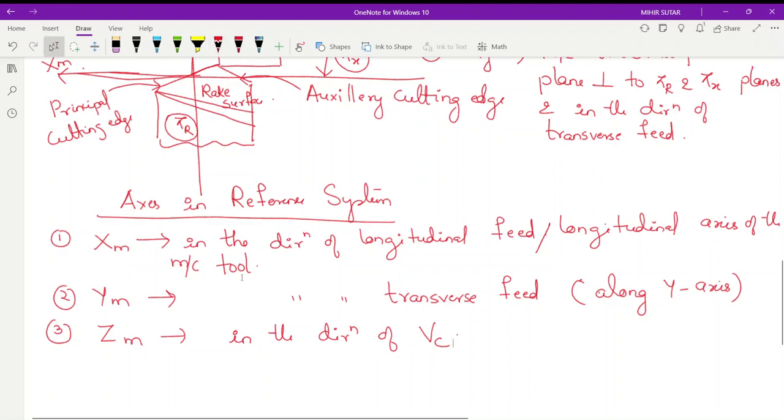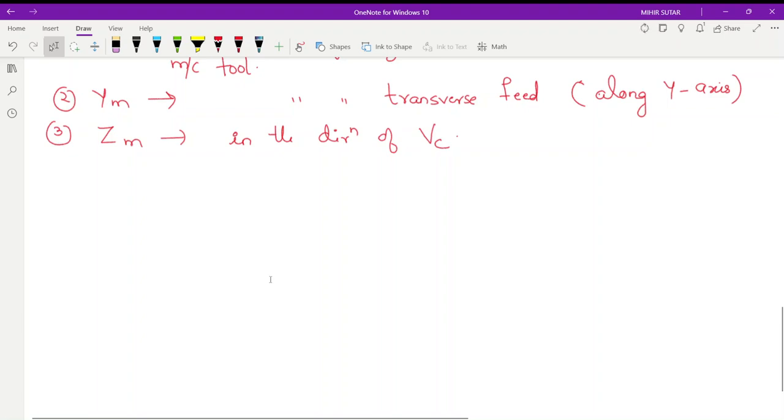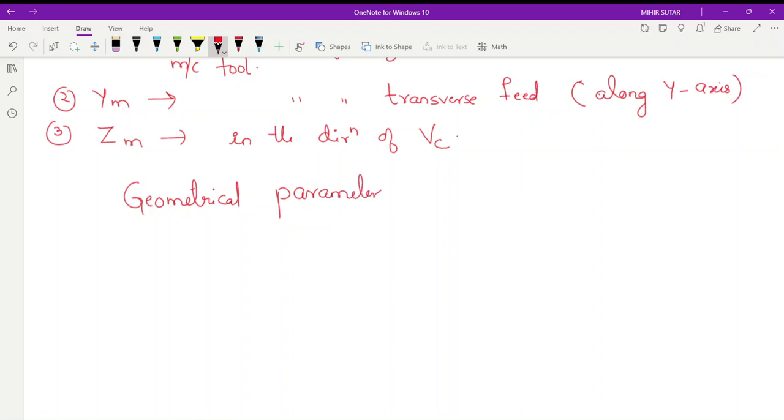Okay, now we will see the geometrical parameters of a single point cutting tool in the ASA system, American Standard System.